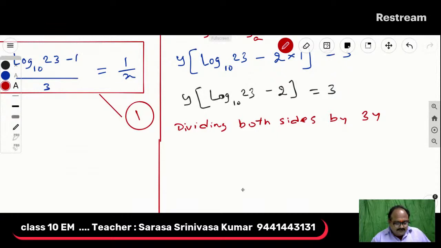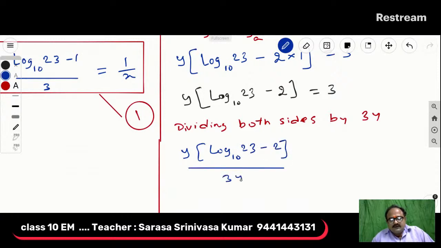Dividing both sides by 3y, we get y multiplied by log 23 base 10 minus 2 by 3y equal to 3 by 3y.